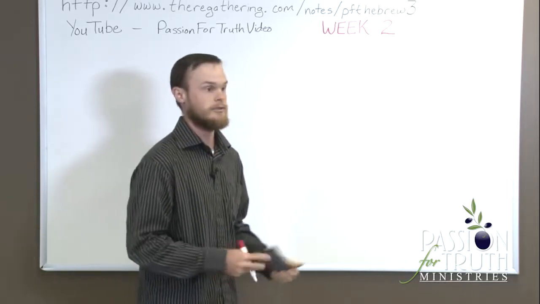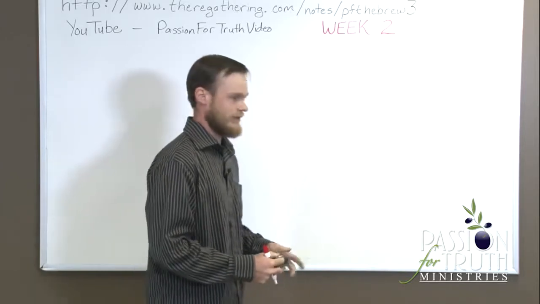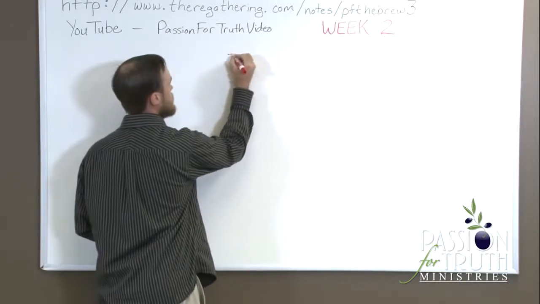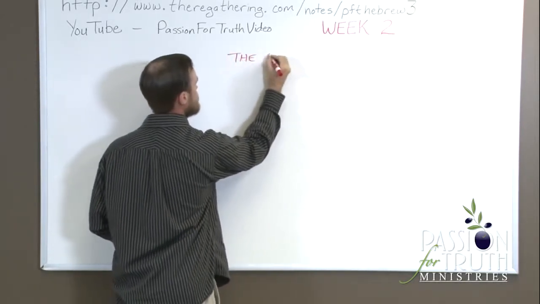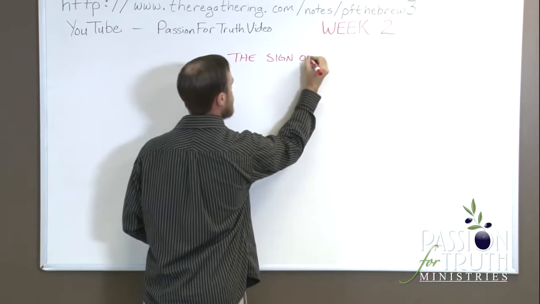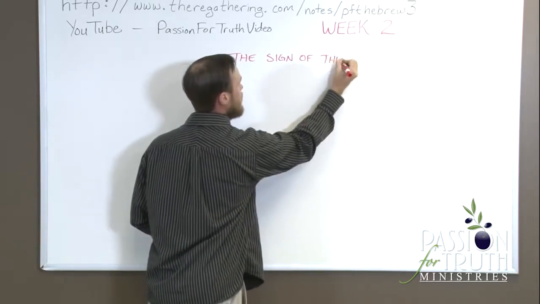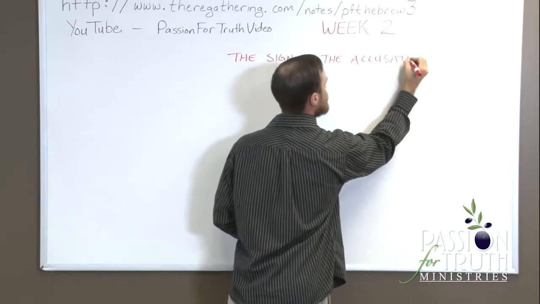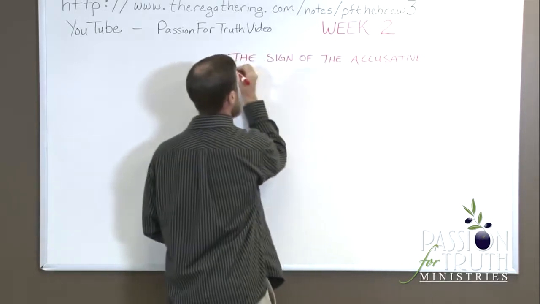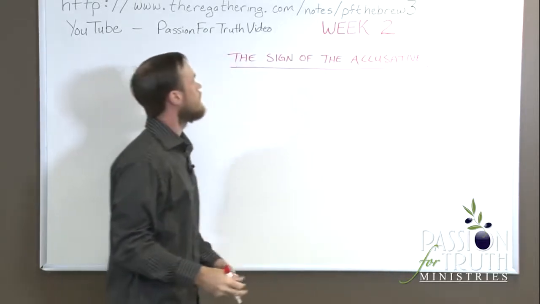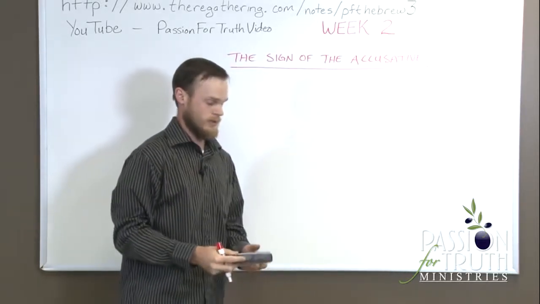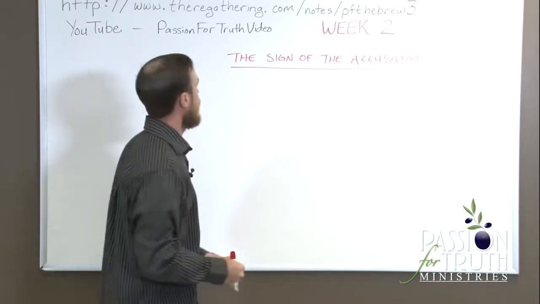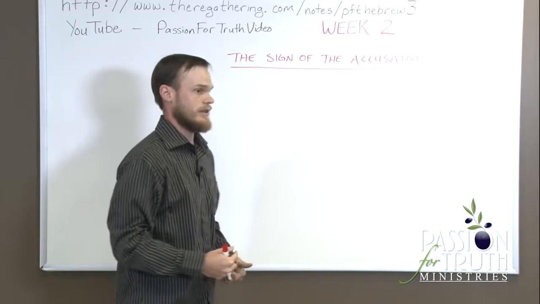One of them is one of the most significant topics in the Hebrew language, and it's called the sign of the accusative. Now, this is not a courtroom term. But like most phrases that describe something in linguistics, it's a long, fancy way of saying the object of a sentence.